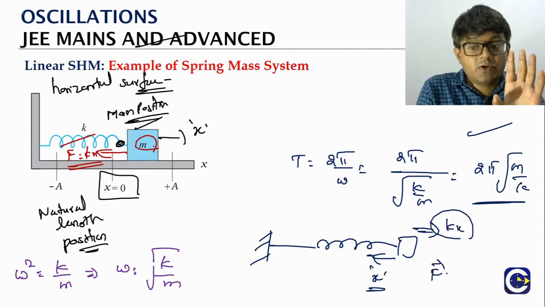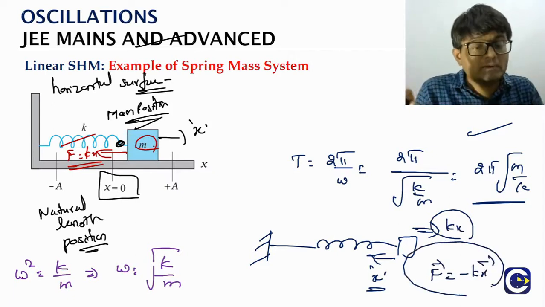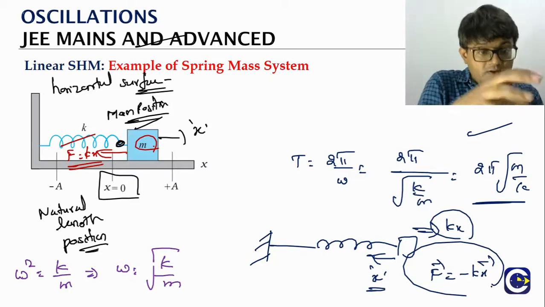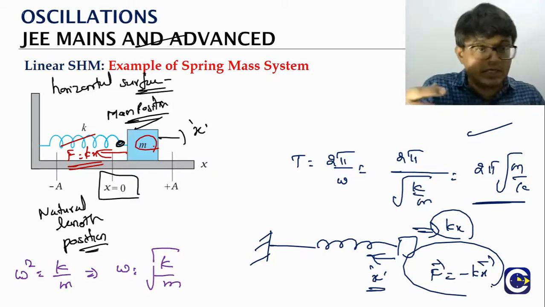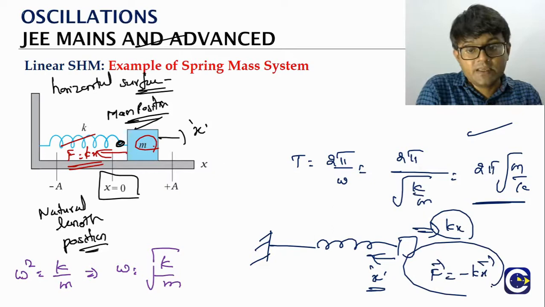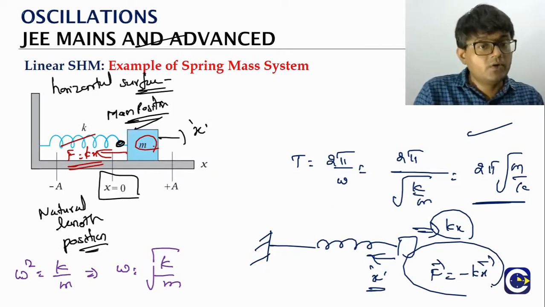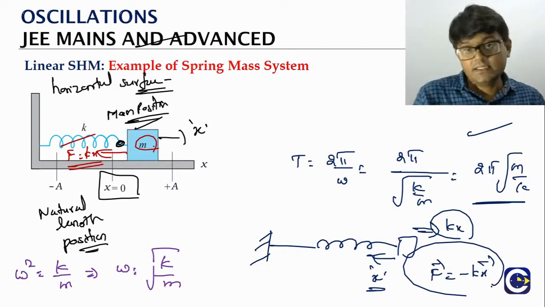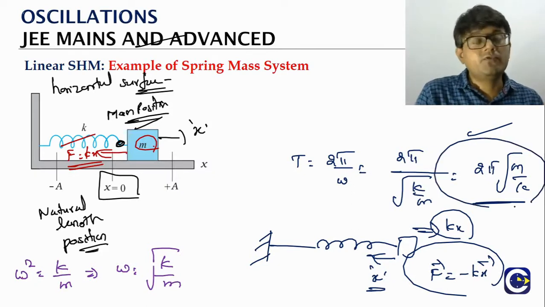So here also we are going to get the same kind of relation. F will be equal to minus k into x. So it doesn't matter whether we talk about the elongation or compression of the spring, the oscillations are going to satisfy the SHM condition. From there we will even have the period value for these oscillations.